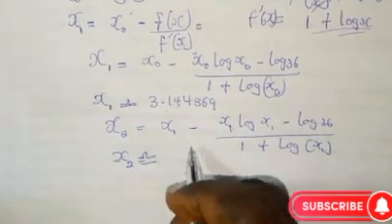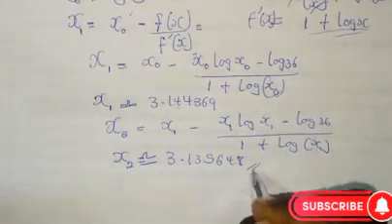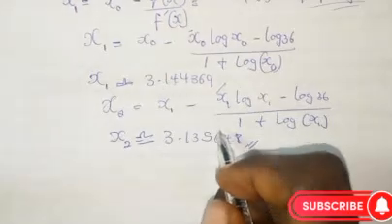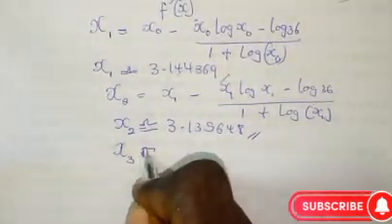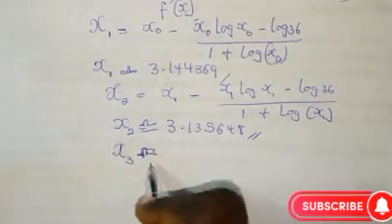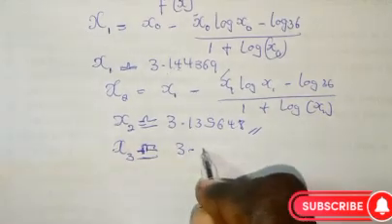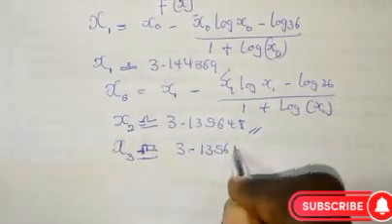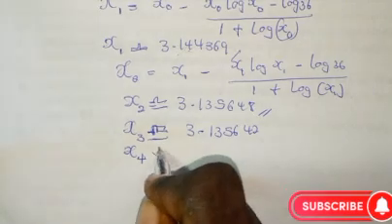So when you do so, you are going to get 3.135648. So you continue doing this to get the next one. The next one will be x3. When you do it the same way, you substitute x2, and you are going to get the approximation of 3.135642. So do it the same way to get x4.